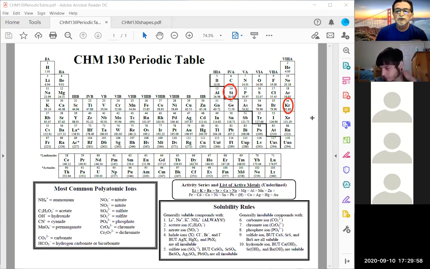It's got 8 electrons. So of those 36, 8 of them are valence, okay? Who's bigger in size, fluorine or krypton? Krypton, exactly, because it's in the 4th energy level. It's just a bigger ball, okay? And so just using your periodic table, we can know all that information.